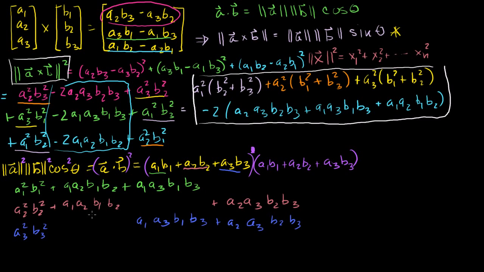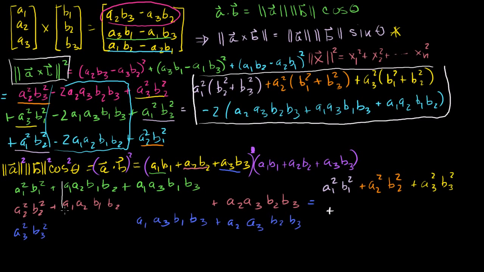And so if you add up all of this business here, what do you get? You have a1 squared b1 squared, plus a2 squared b2 squared, plus a3 squared b3 squared, plus, what do you have here?